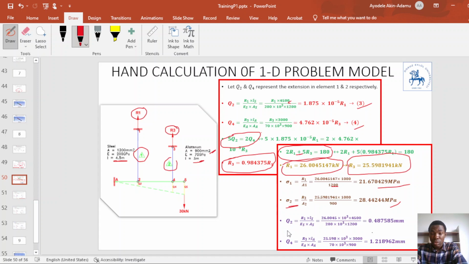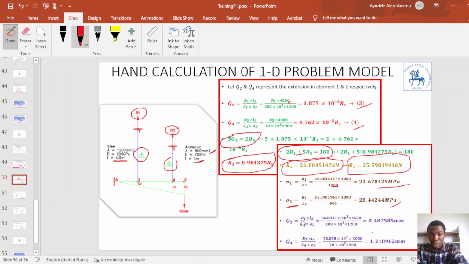To compute Q2 and Q4 is very simple. We can use the formula PL divided by EA, where P for the deformation of finite element 1 is R1. So R1 times L divided by EA.